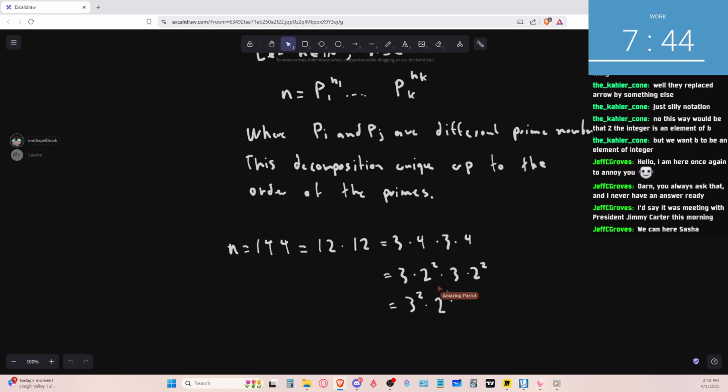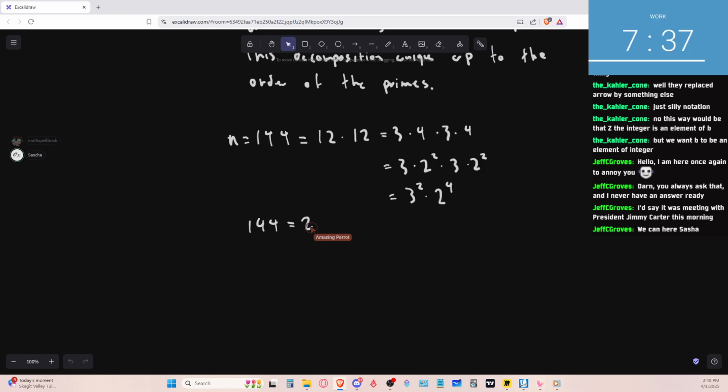And this gives us the prime factorization of 144. Of course, we can change the order, so we could write something like that. That would count as the same prime decomposition. So basically, the unique part is saying it doesn't matter how many times you break the parts down in different ways, it will always be that configuration.